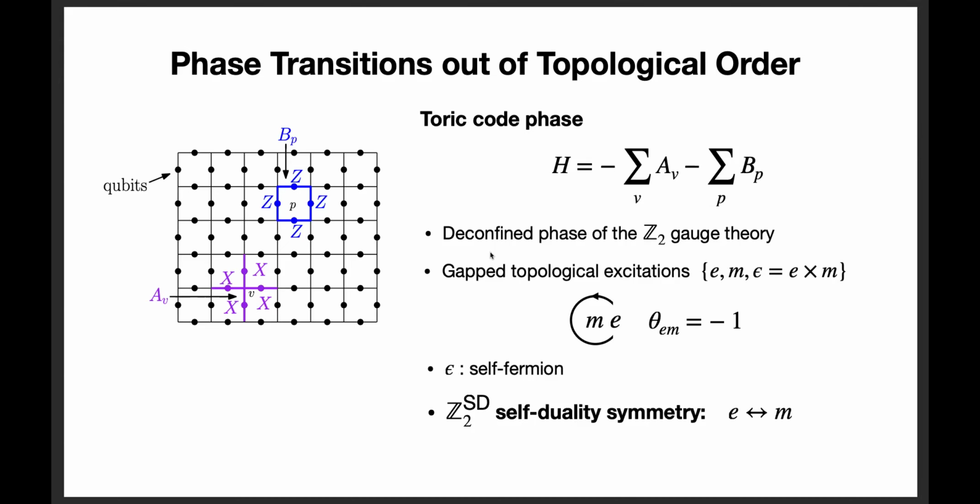What's most relevant and interesting for this talk is that this model secretly has an interesting symmetry that exchanges the E and M particles. You can realize this symmetry on the lattice in many different ways. For example, the simplest is a translation along the diagonal direction, which we realize as a microscopic Z symmetry.